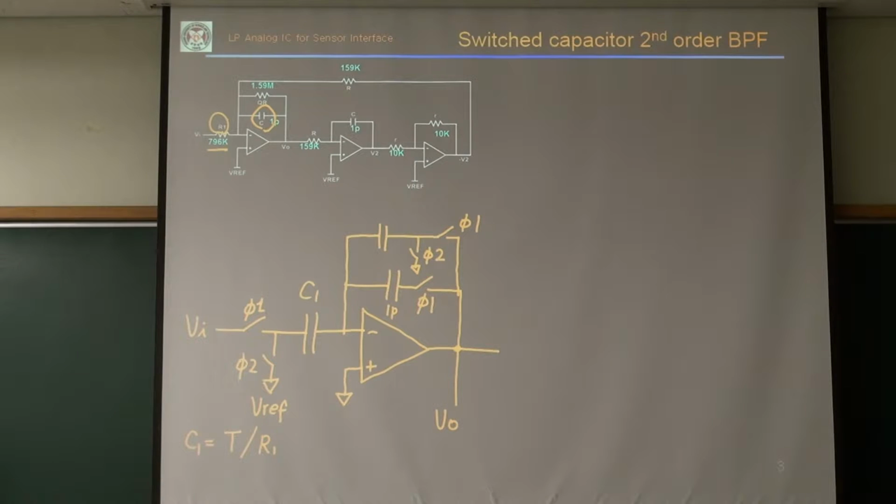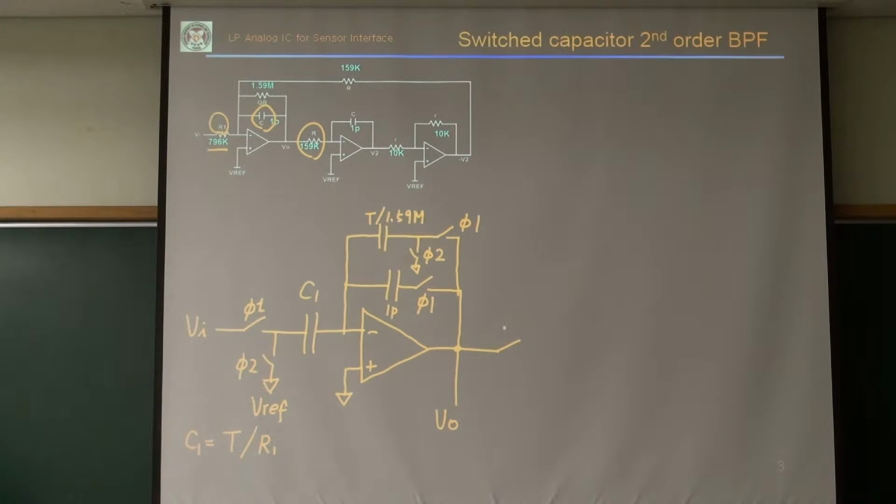Nope. Yeah, this capacitor will be T over 1.59 mega ohm, right? That's a C value. Okay, let's continue with this resistor. Yeah, it's the same actually.